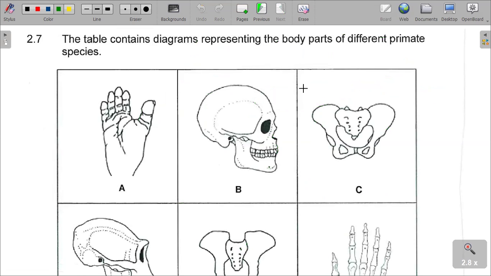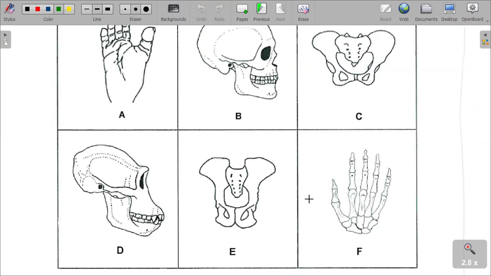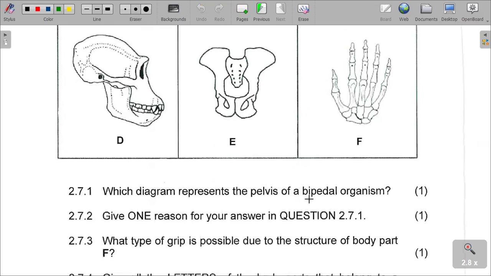The last question: the table contains diagrams representing the body parts of different primate species, A, B, C, D, E, F. Which diagram represents the pelvis of a bipedal organism?